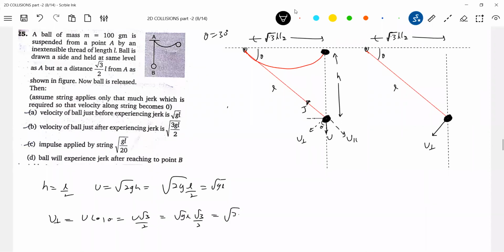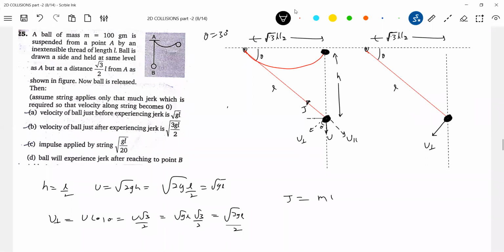Okay, fine. So u perpendicular will be u cos theta. The velocity of the ball just after experiencing the jerk will be this. Now the impulse applied by the string. How to calculate the impulse? The impulse only will nullify it.